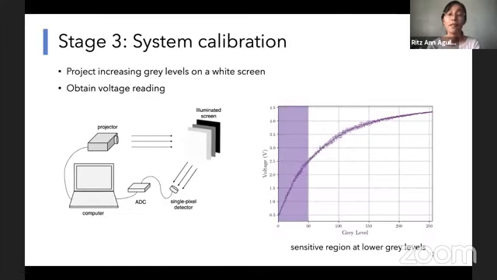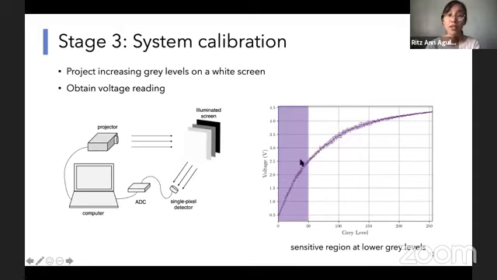So the next step is to do system calibration, wherein you project increasing gray levels on a white screen, and then you obtain the voltage reading. As you can see here, LDRs have a nonlinear response. This is the voltage as a function of gray level, which is proportional to intensity level.